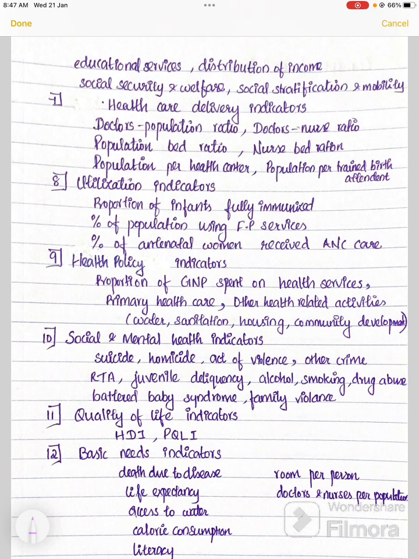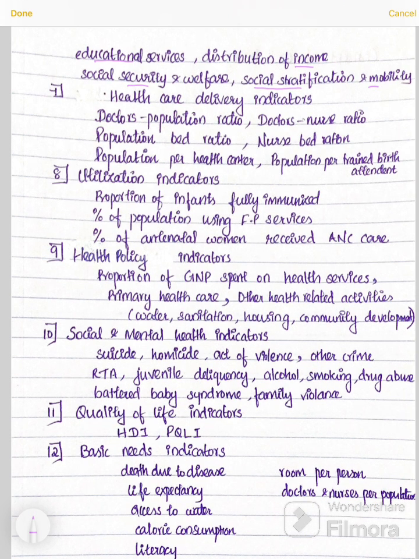Some other socio-economic indicators: educational surveys, distribution of income, social security schemes, how much they have, social stratification and mobility. And then healthcare delivery indicators: doctor population ratio, doctor nurse ratio, population bed ratio, nurse bed ratio, population per health center, population per trained birth attendant.